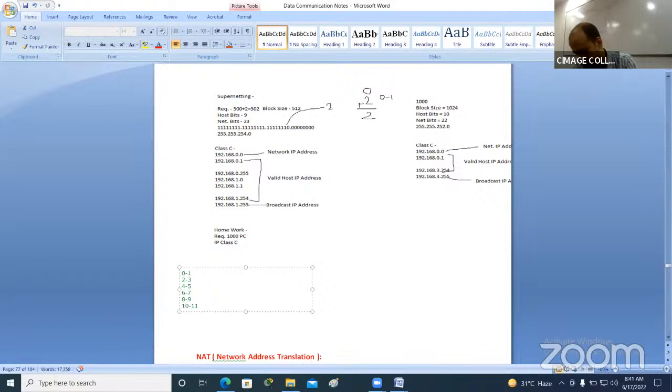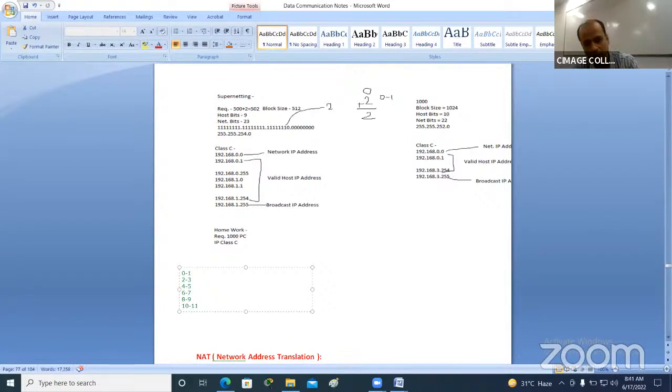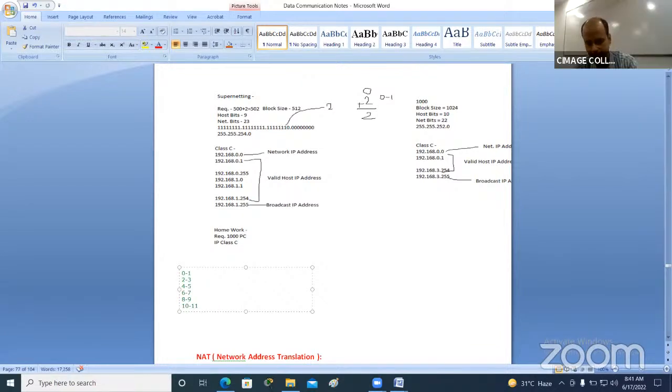Okay, so if I want to start from 10, then it's okay. 10.0 will be the first value, and 11.255 will be the very last one, for the same subnet. Okay, sir. Thank you, sir.